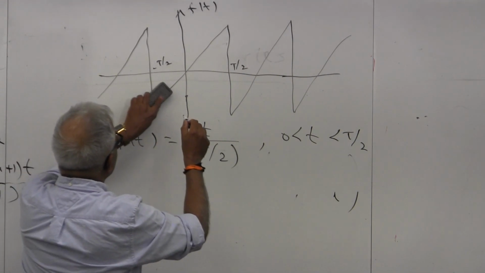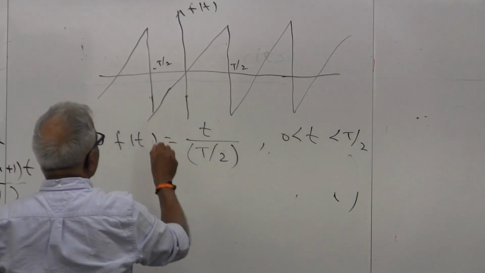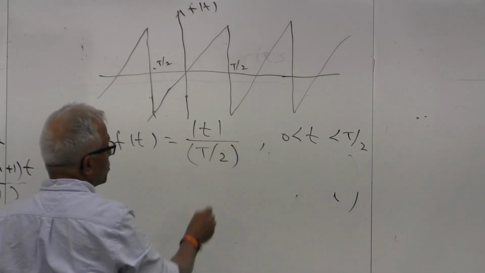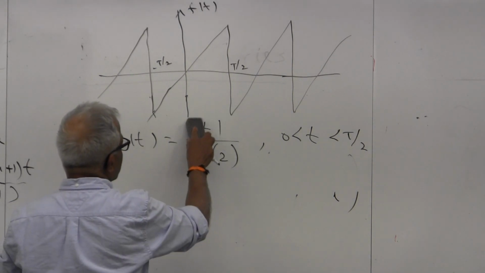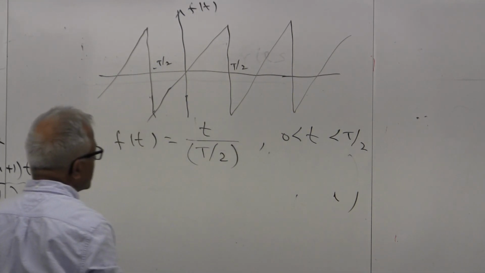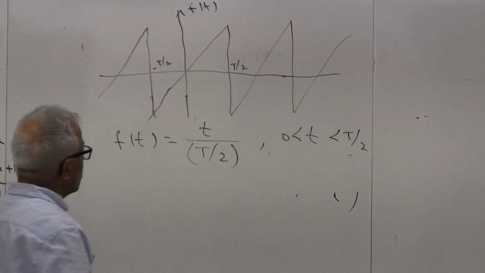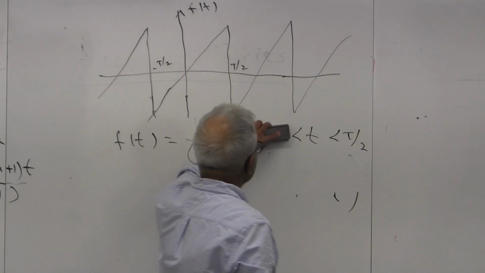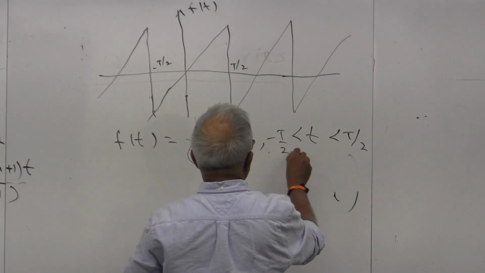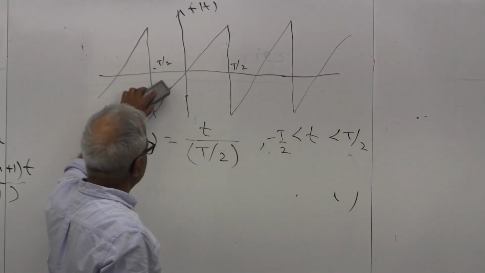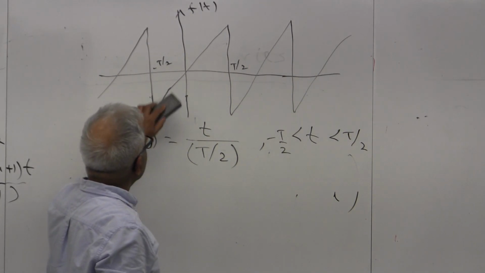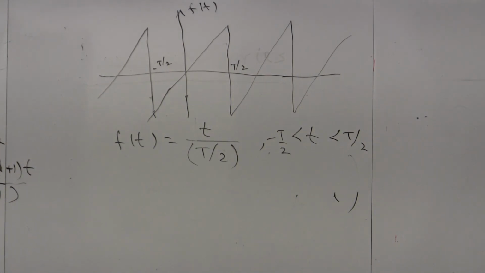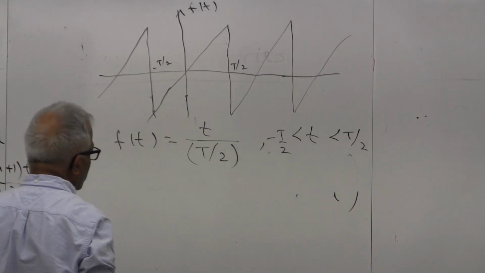Over a period, you have to write it like this. When t is negative, it just takes negative values and comes up to here. So this swings between plus 1 and minus 1. This is also called a sawtooth waveform.